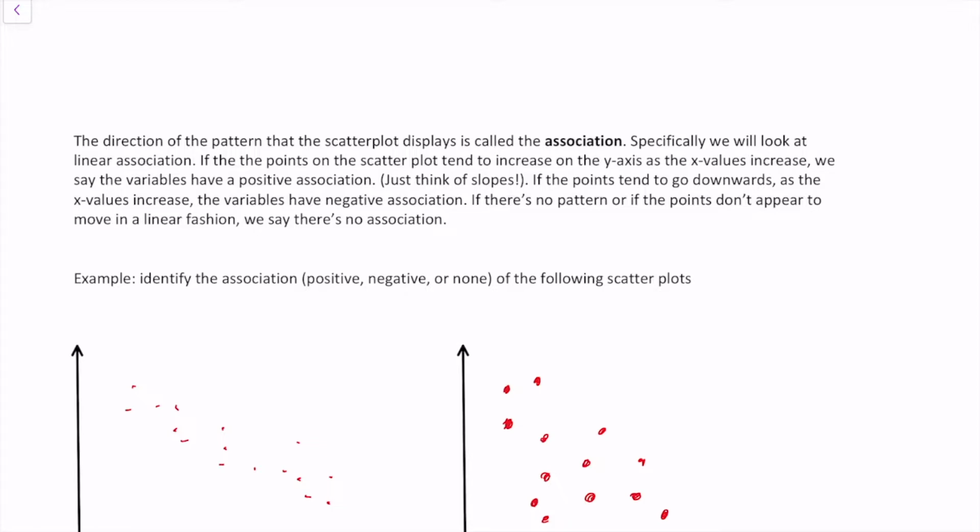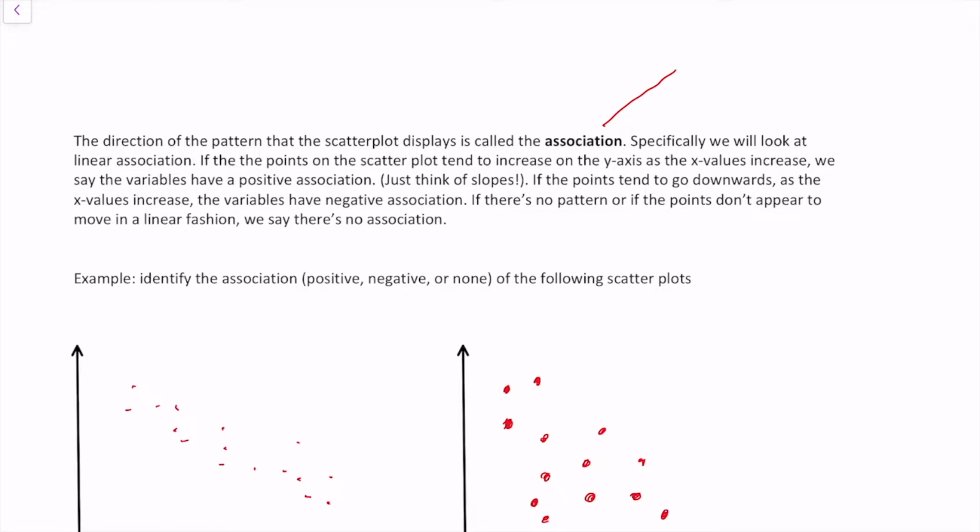Look at, let's say for instance, as the x values increase, as we go to the right on the x-axis, if we start to see that the y values are going up, think of a line with a positive slope. A positive slope means as the x's increase, so do the y's. We call that a positive association.